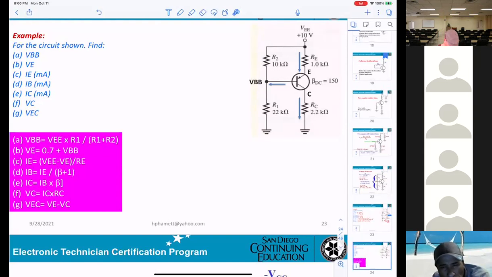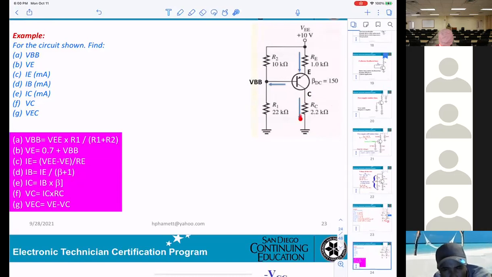So now, if you want to calculate the IB, same formula. Take IE divided by beta plus 1. And also if you want IC, it will be the same thing, IB times beta. And now you want to calculate the VC right here. VC means from collector to the root.